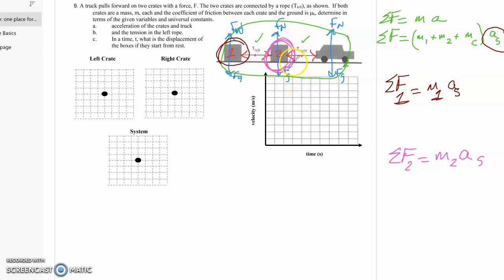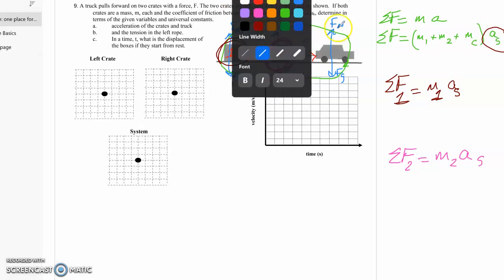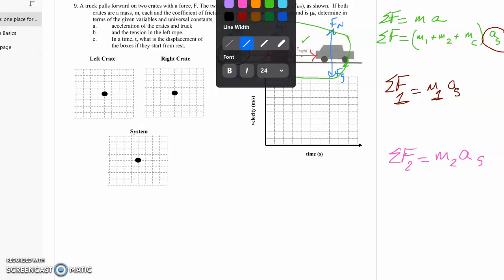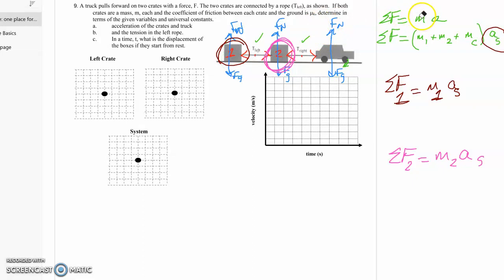So I'm going to take the eraser. Really? You're really just not going to let me erase anything? Oh, thank you. Okay, so I'm going to lose this because I don't think they have any intention. Both crates, blah, blah, blah.